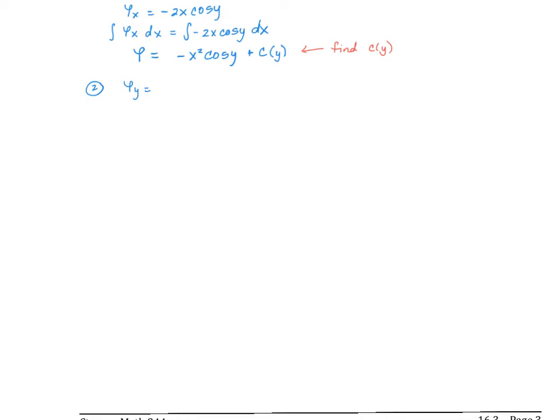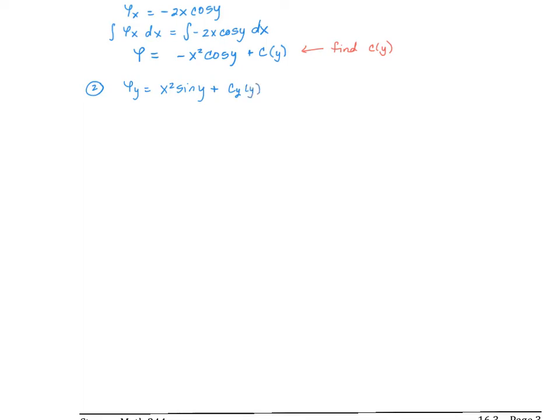So the partial with respect to y would be negative x squared times negative sine y, which is going to be a positive x squared sine y, plus, when I take the partial derivative of this constant with respect to y, since it could be a function of y, it's going to be c sub y, the partial derivative of this constant with respect to y.